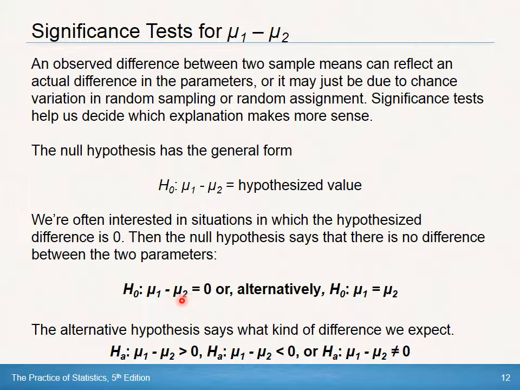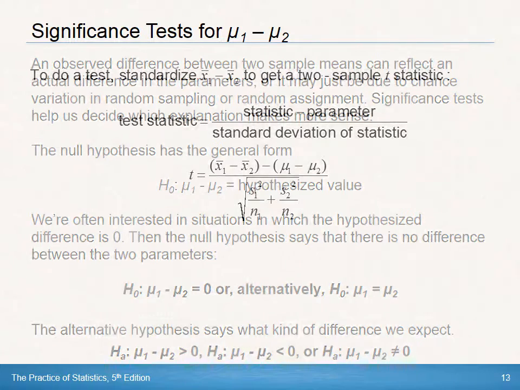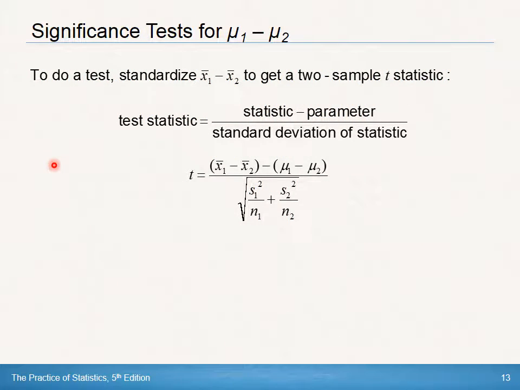Or you could think of it as our means being the same. We want to see if there's any difference. So to do a test, standardize x bars to get a two sample t statistic. So again, we take the statistic minus the population parameter divided by the standard deviation of the statistic. So that's how we find our t.